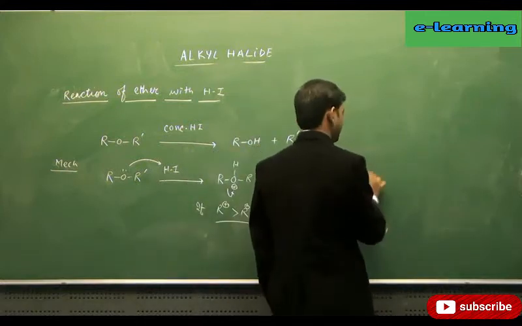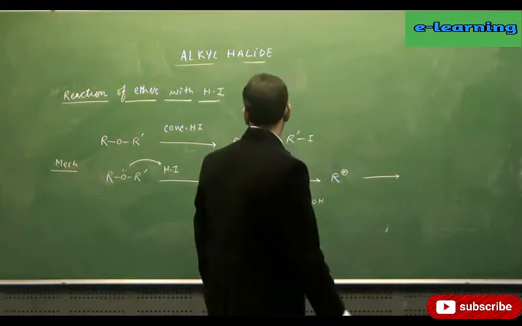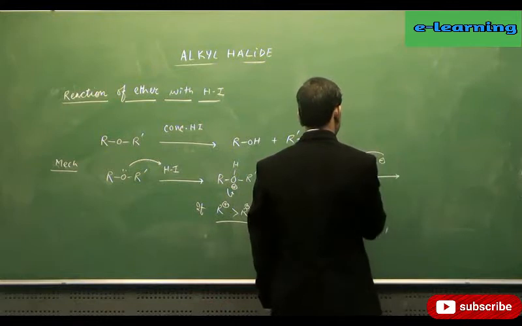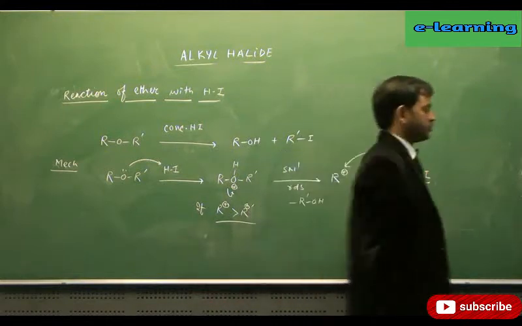Finally, if there is any possibility for rearrangement in the carbocation, then first it undergoes rearrangement. Next, the attack, front or back, gives RI. See the example.